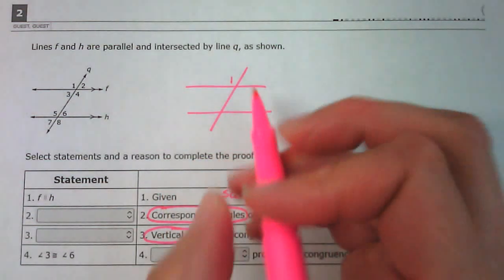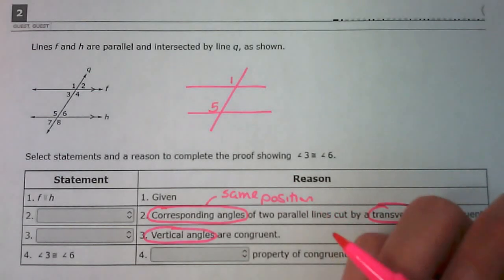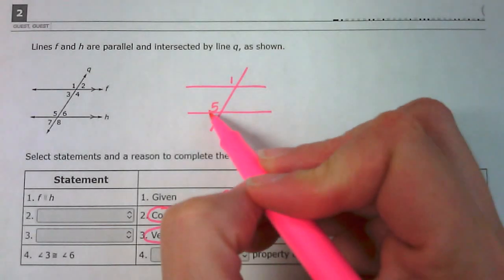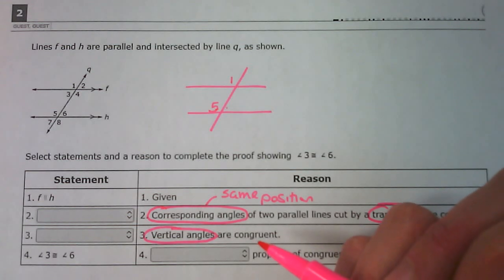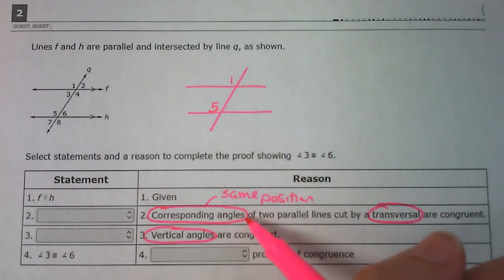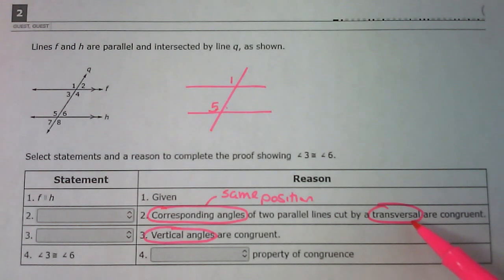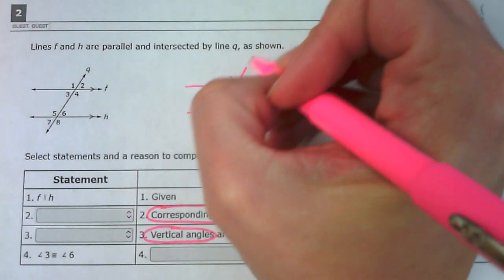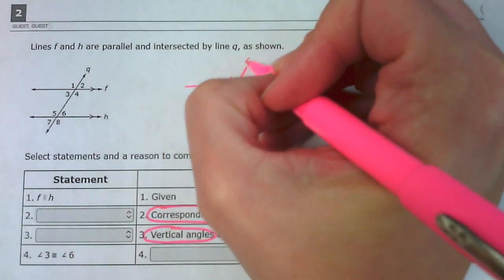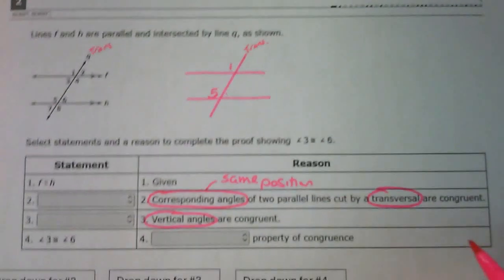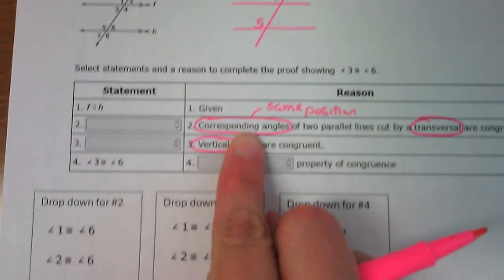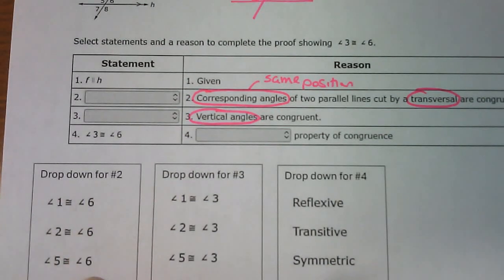The angle that corresponds to that is angle 5 because it also sits above the line and to the left of the transversal. So corresponding, we're looking for angles in the same position. This word transversal, like I just said, is this line that's cutting the other ones. So that's our transversal.